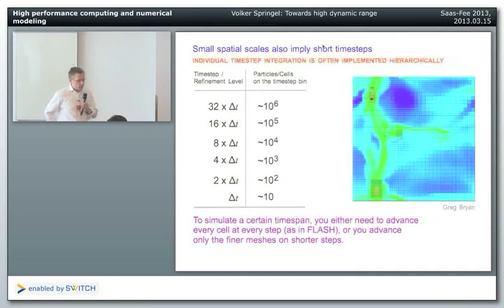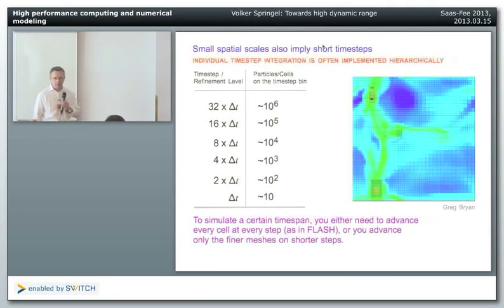And typically, in a typical calculation, say in structure formation or galaxy evolution, you maybe have this figure from Greg Bryan of a cosmic web, again an AMR grid. And then if you work out how many cells you have and what their time steps are, you end up with a time step hierarchy.